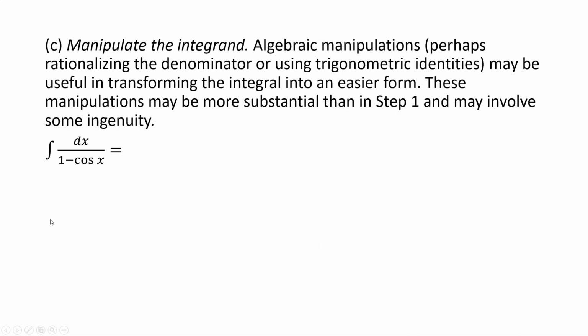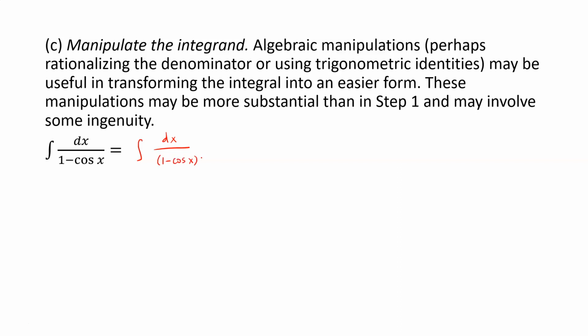Okay. And then one last thing here is to think about manipulating the integrand. So algebraic manipulations in particular can be useful, and also thinking about using trig identities also may be a useful trick. So one thing I notice here in this example, 1 minus cosine x can be transformed using 1 plus cosine x, sort of like the conjugate, right?